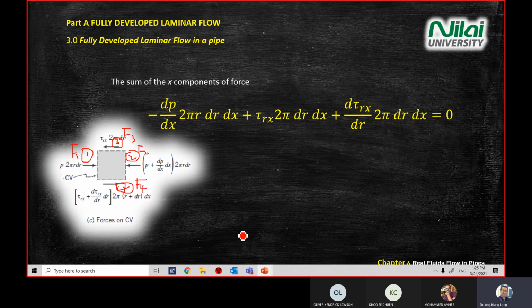Which force is missing in my slides here? In this equation, which force? Force 1. Force 1 is missing.